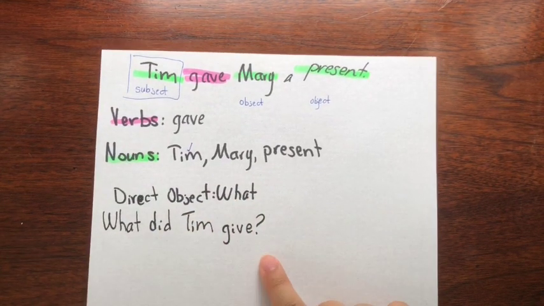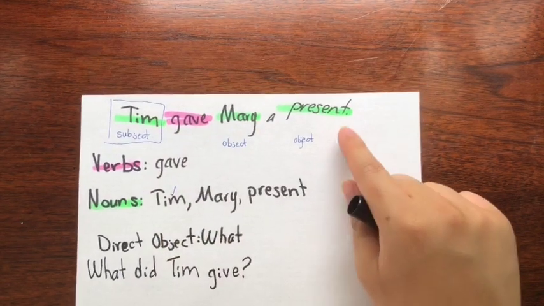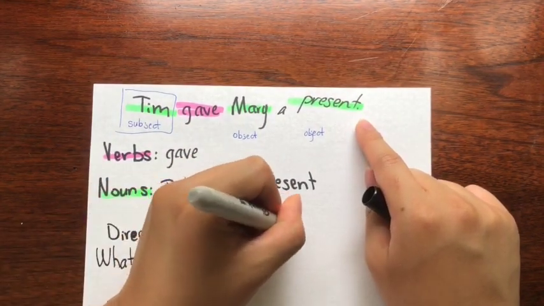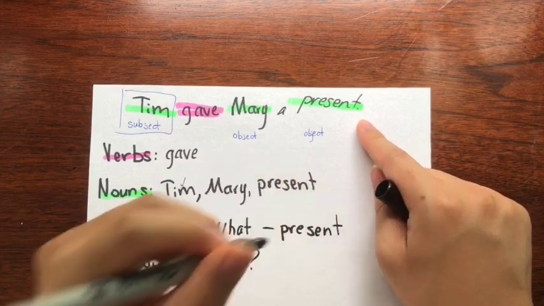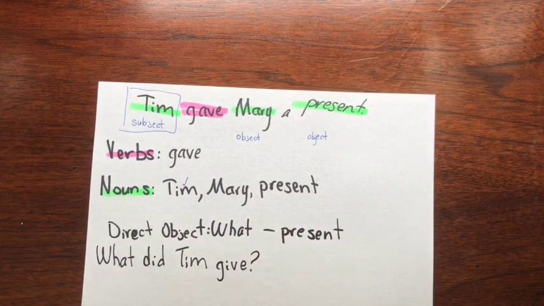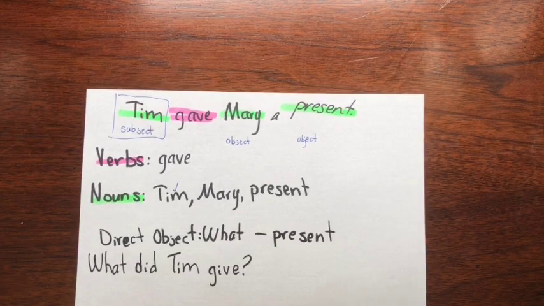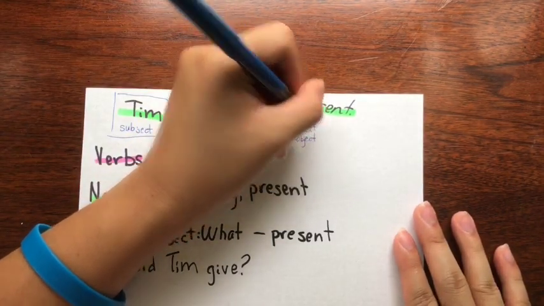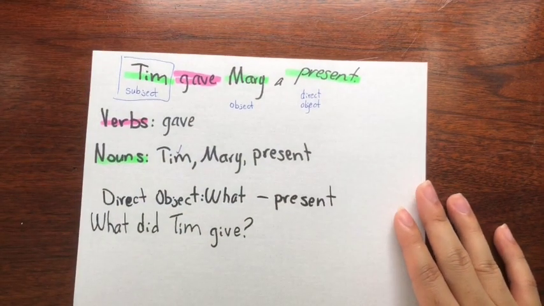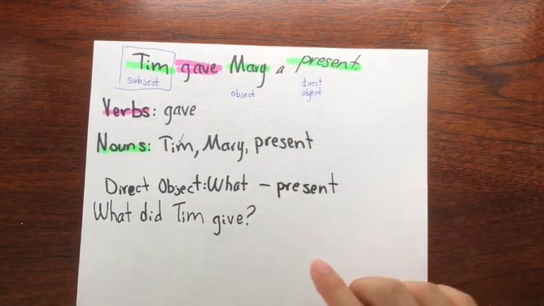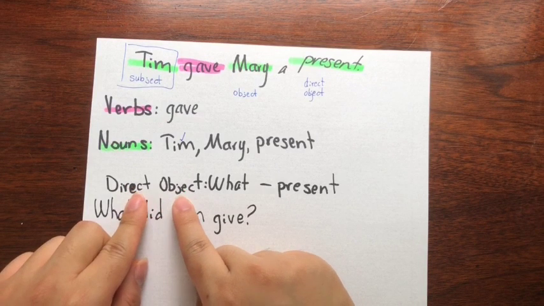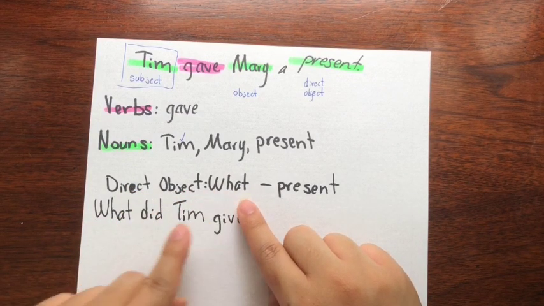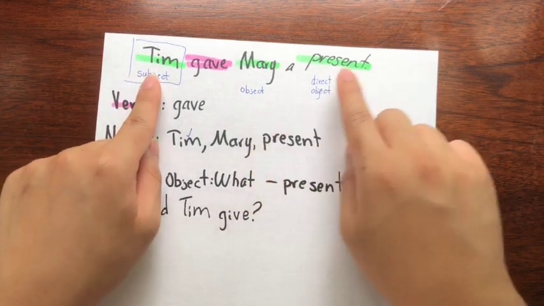So what did Tim give? Tim gave a present. So the direct object is the present. So we identify the direct object as the word that answers the what question. What did Tim give? Tim gave a present.